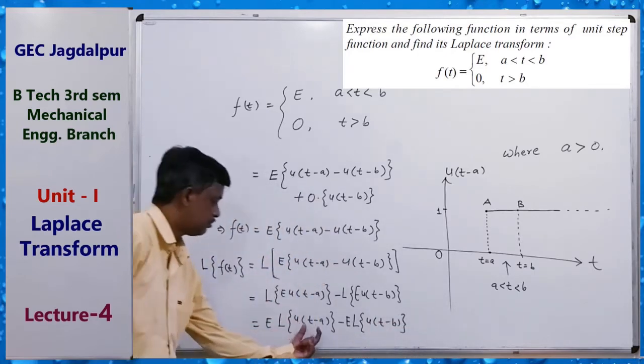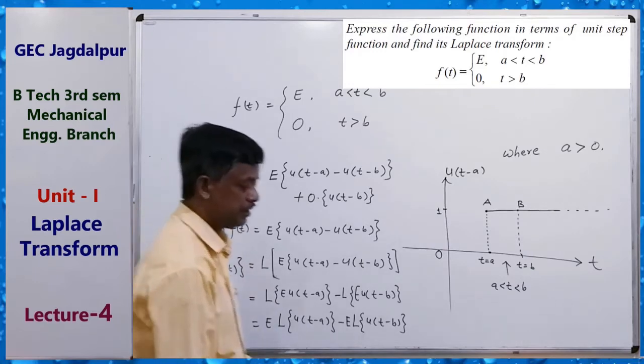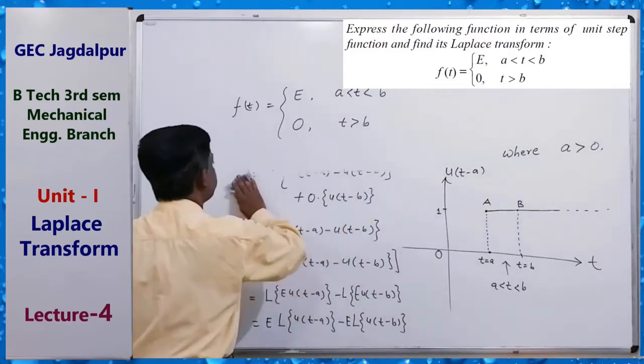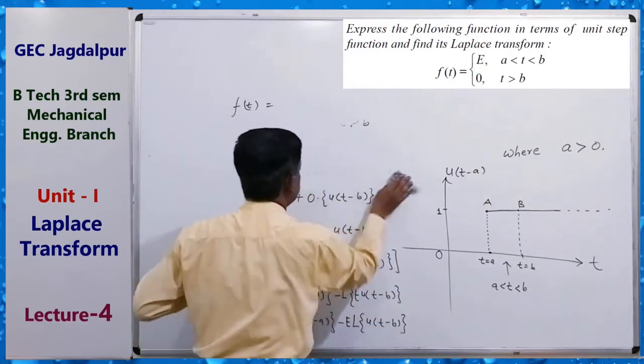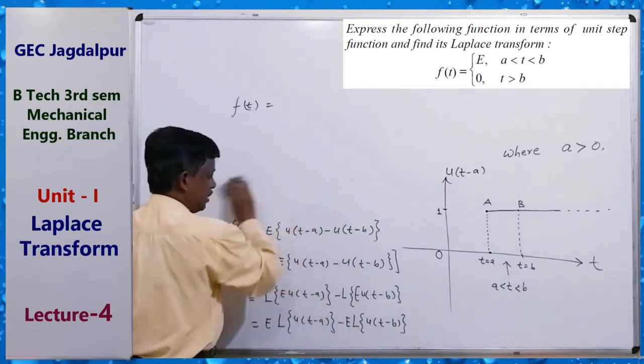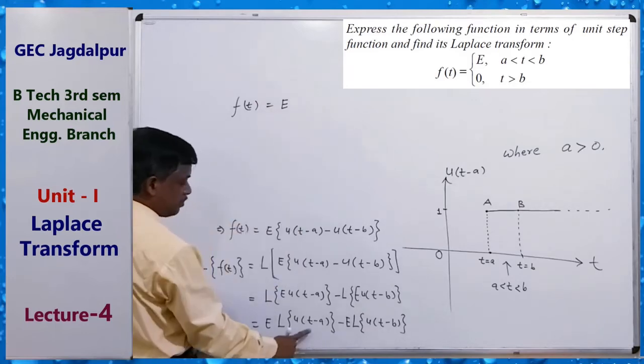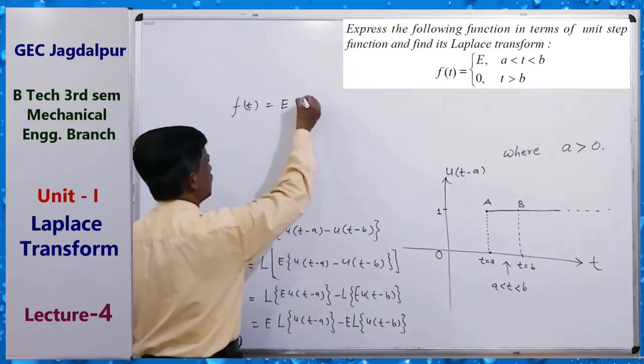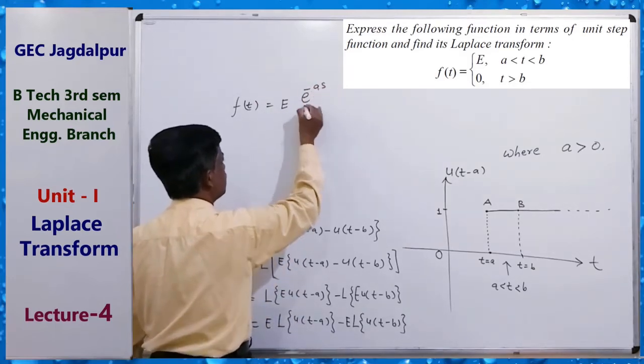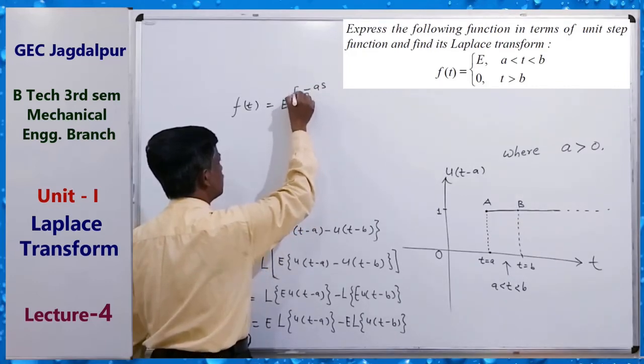So the Laplace transform of this is equal to what? Finally you can write E times the Laplace transform of this unit step function, e to the power minus as upon s.